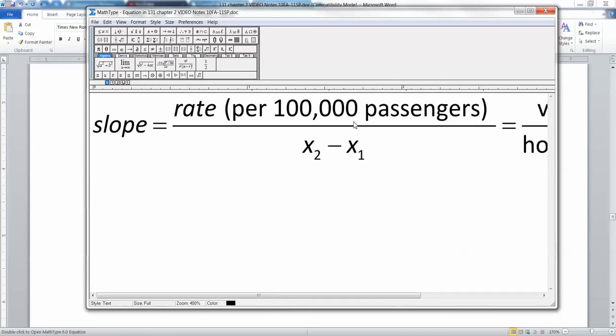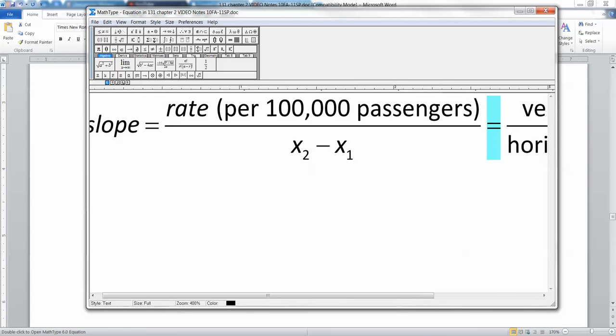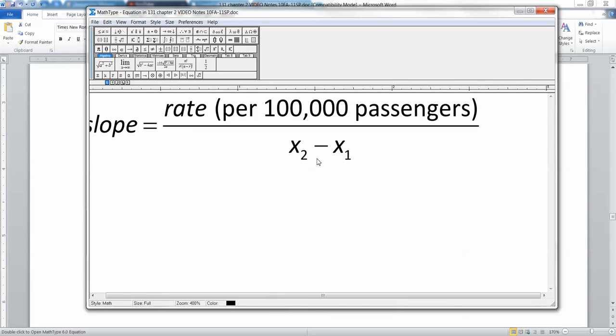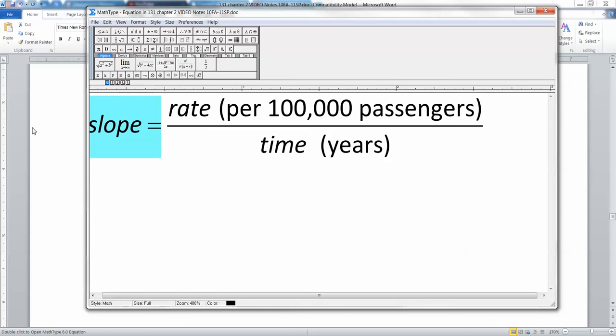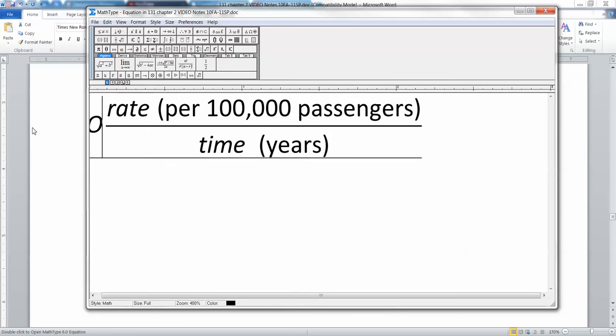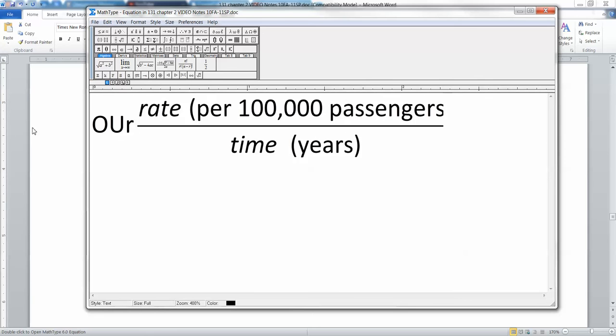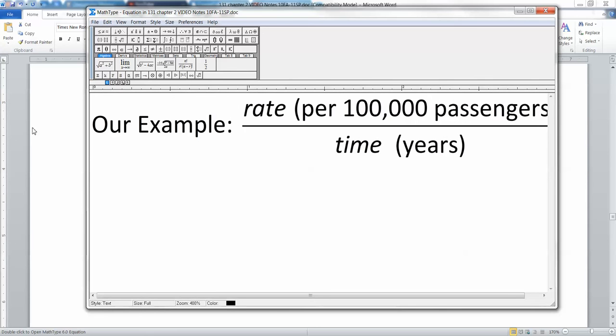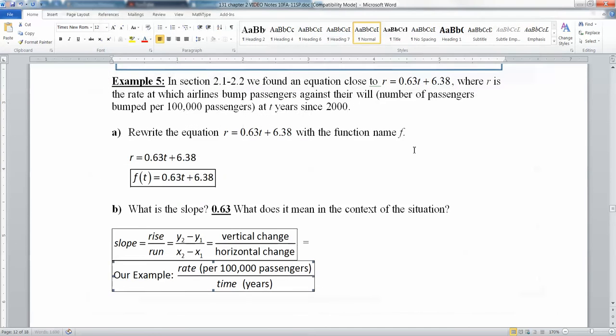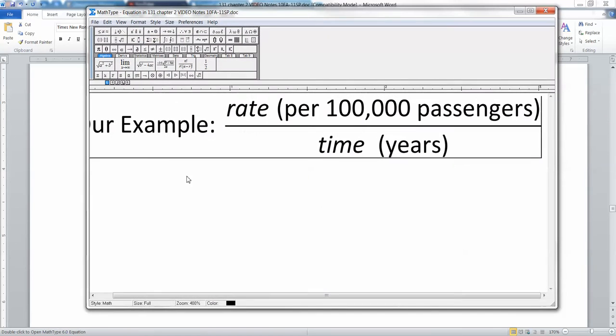Right? Always want to give yourself your unit so you can keep track of what's going on. Okay? And this was time in years. Okay? Again, give it its unit. So for our example, it's the rate over time. That's our slope.